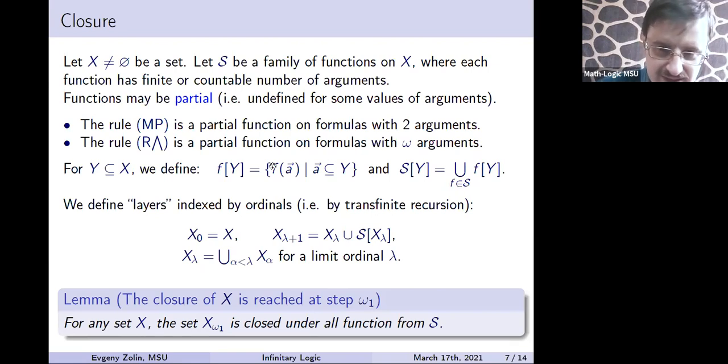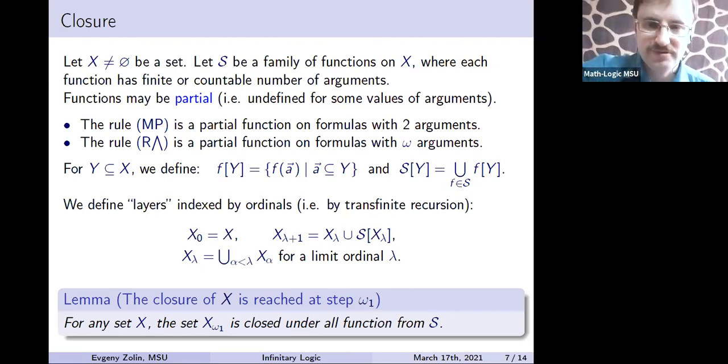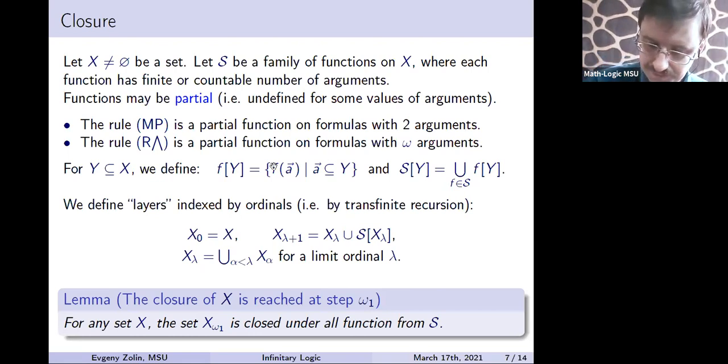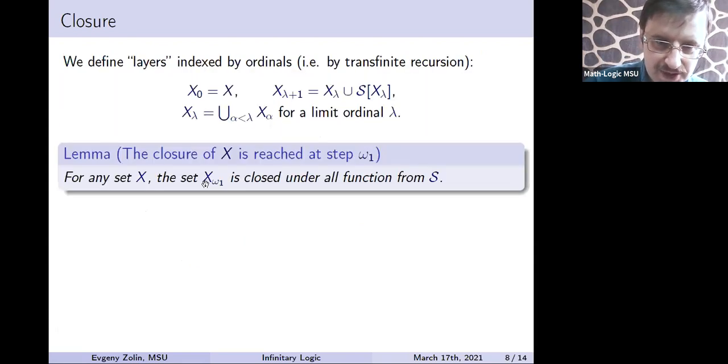This is exactly the statement from the previous slide about the rules modus ponens and the rule of conjunction. So here I just copied some pieces. So we define these layers. Again, it should be Y here.